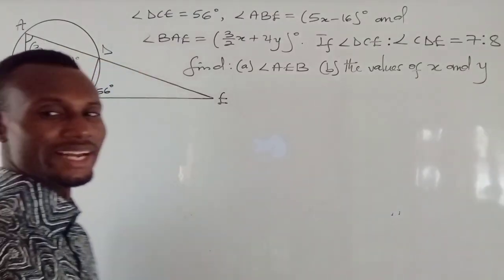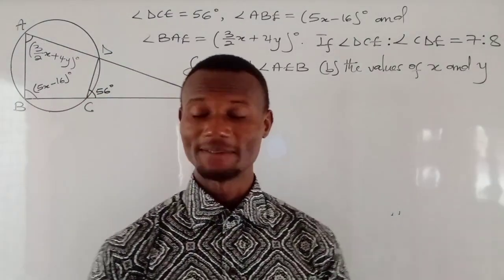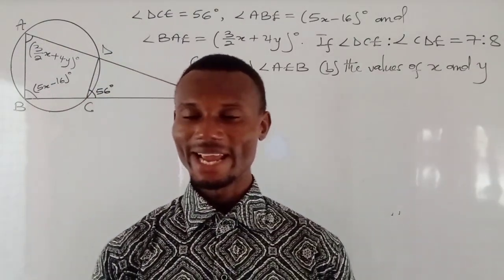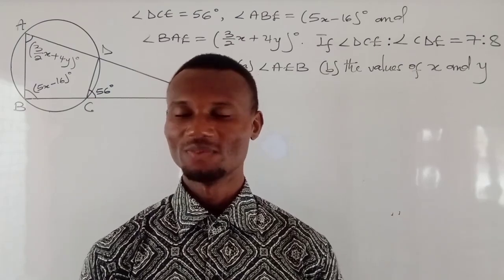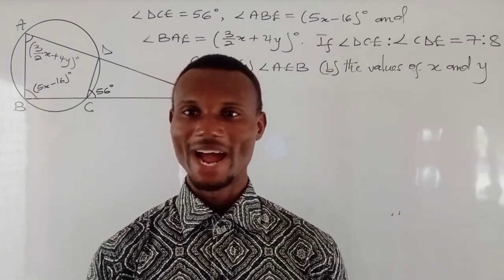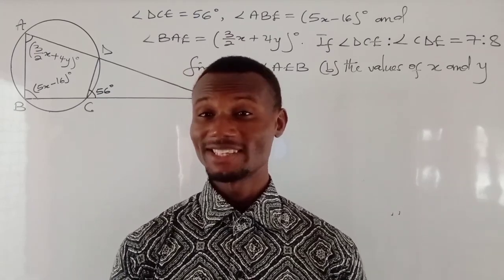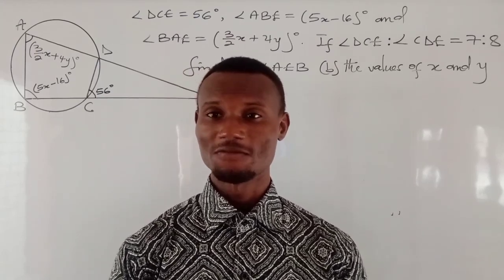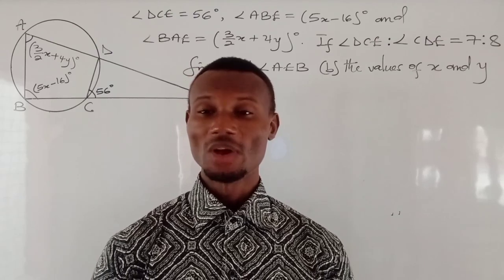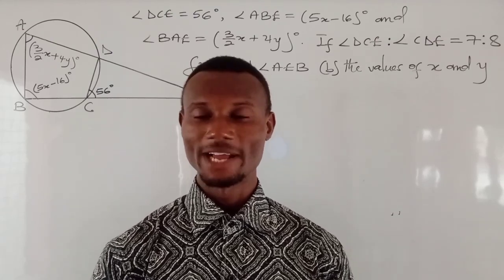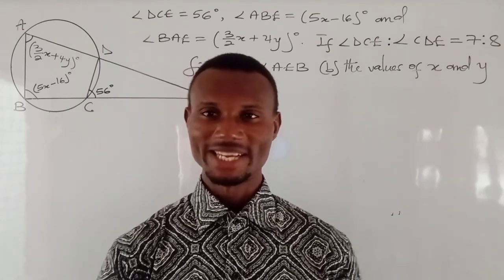So the question is asking us to find angle AEB and also the values of s and y in the diagram. The first thing to do to solve this question is to identify all the given values in the diagram.